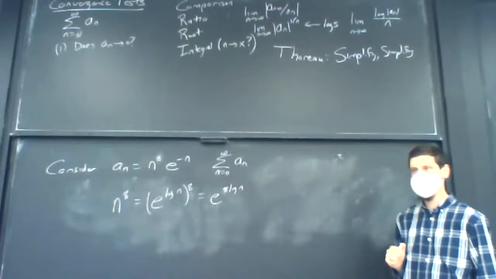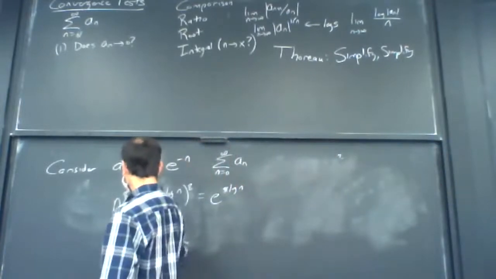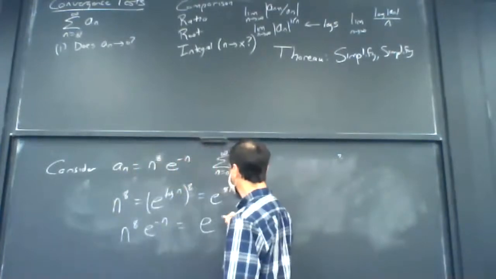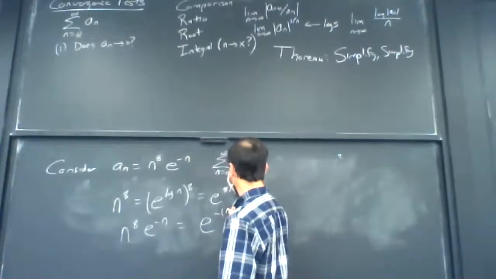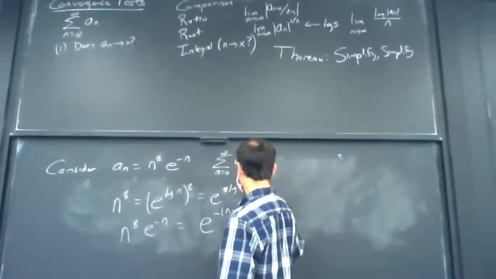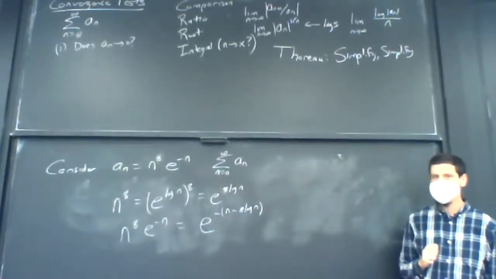Right? So n to the 8 e to the minus n is e to the negative n minus 8 log n, when you put in the algebra.